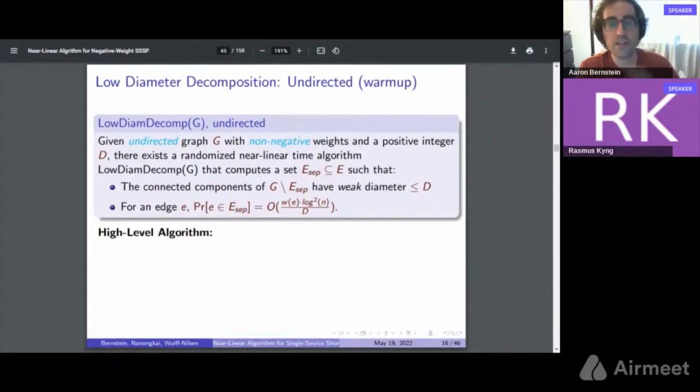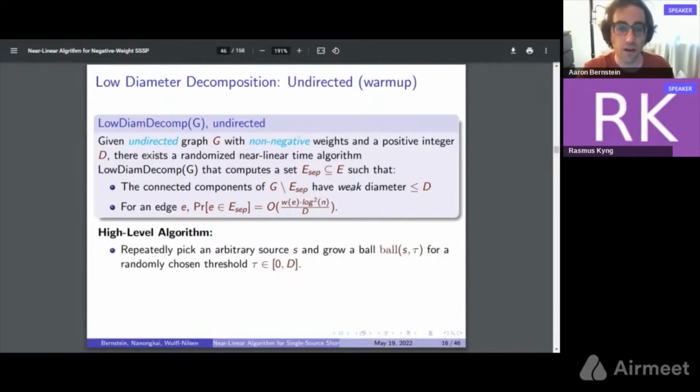Okay, so this is the decomposition. Let me just give a very quick outline, mostly just to give an intuition for where these bounds are coming from, and also to make it clear that there's nothing fancy going into this decomposition. The high-level algorithm is actually extremely simple. All you do is you pick an arbitrary source, and you grow a ball from that source up to some random threshold tau between 0 and d.